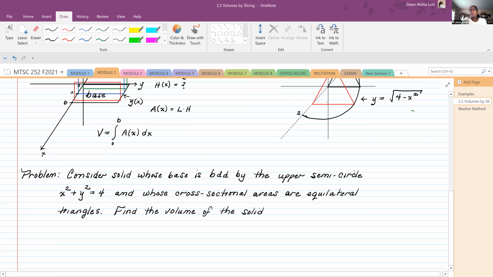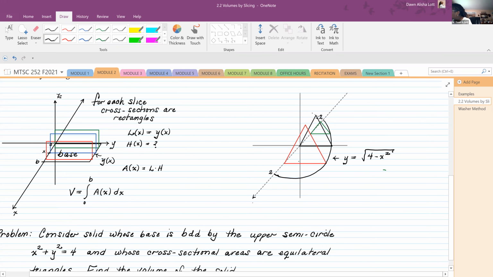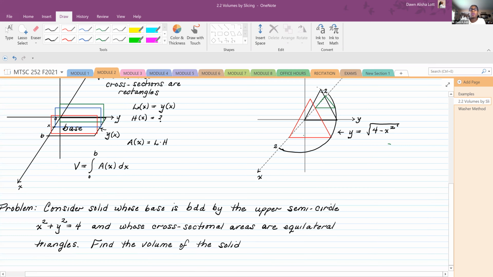Because again, this is the x-axis, this is the y-axis, and this is the z-axis. Okay, anybody have any questions about what it is I'm trying to do?